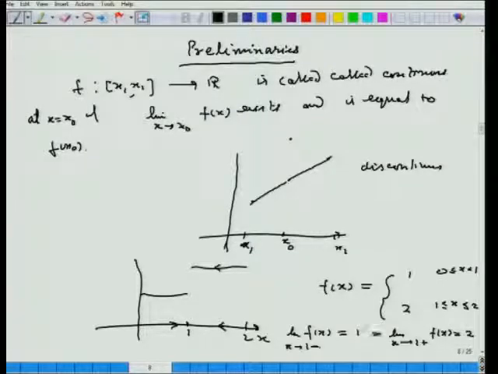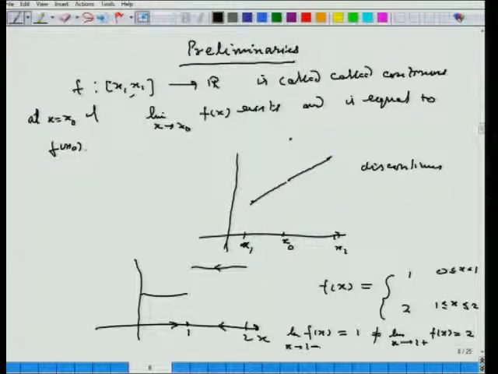So these two are not equal, and therefore this limit does not exist, and therefore the function is discontinuous, which can be seen intuitively from this figure also, that there is a discontinuity here.